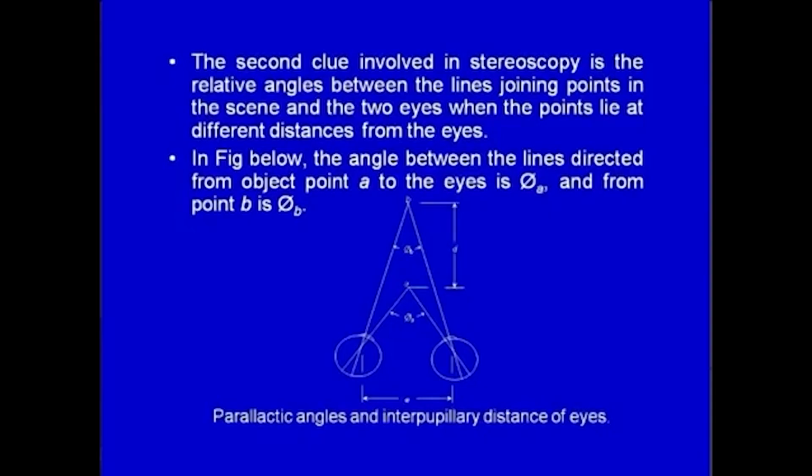The second clue involved in stereoscopy is the relative angles between the lines joining points in the scene and the two eyes when the points lie at different distances from the eyes.